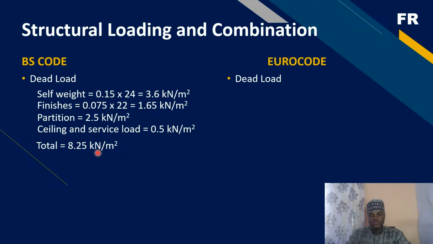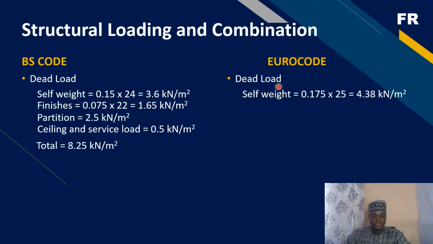Then according to the Eurocode, the dead load is going to be the same thing, but the difference here is that based on our previous analysis, we found out that at 150 thickness, the Eurocode will not pass based on the slab size of 5 meters by 5.5. So we now want to go with a thickness of 175. And here, the density of reinforced concrete according to the Eurocode is 25.